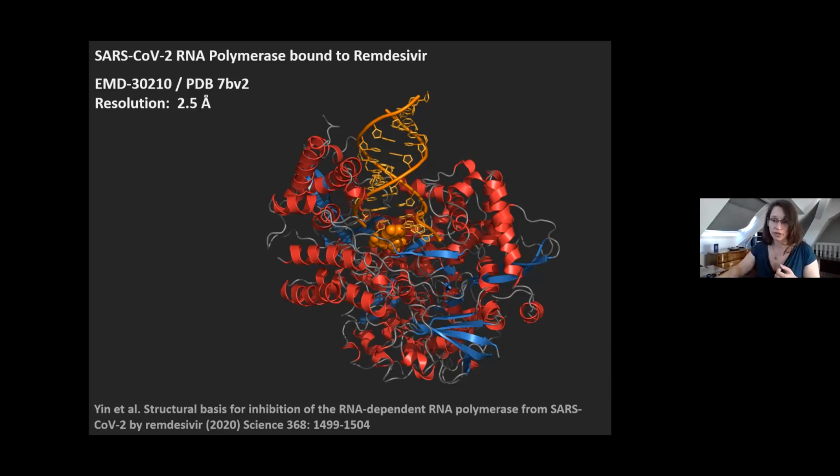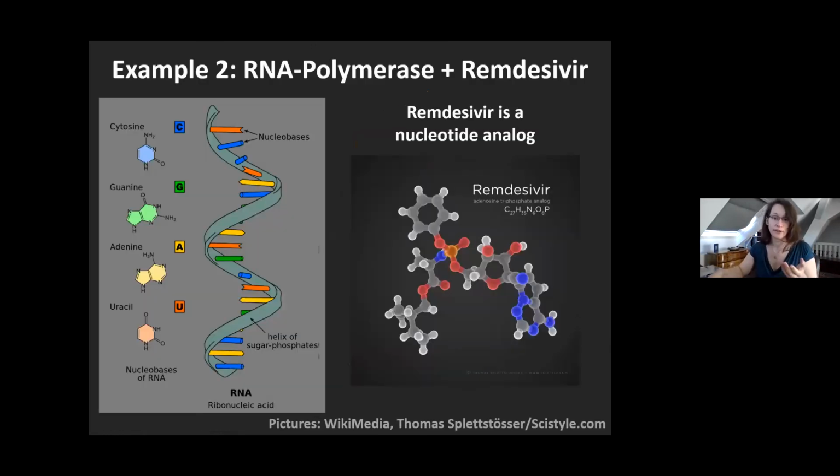And a well-known drug has been used in Ebola to address the RNA polymerase of the Ebola virus, which is remdesivir. Remdesivir is a nucleotide analog, and that means it looks to the body like adenosine, which makes up RNA. So this doesn't look like adenosine very much, so I wondered a little bit.